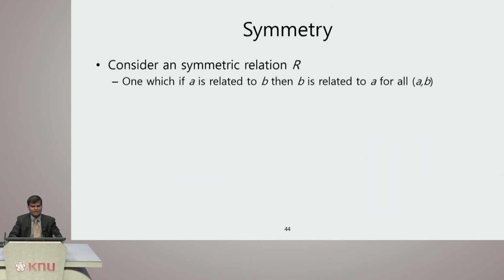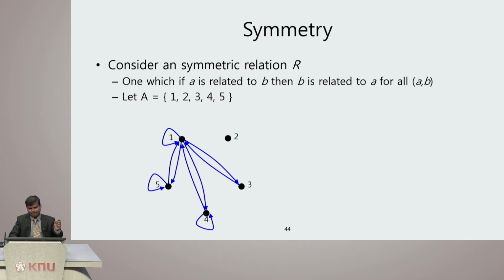Symmetry: if A is related to B and B is related to A for all values of A and B. So when you have an arrow from, say, 1 to 3, then you should have another arrow from 3 to 1. Or in other words, when you have an arrow from 1 to 4, then you have an arrow from 4 to 1.